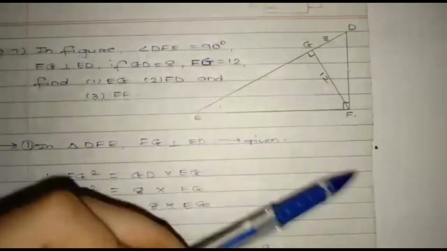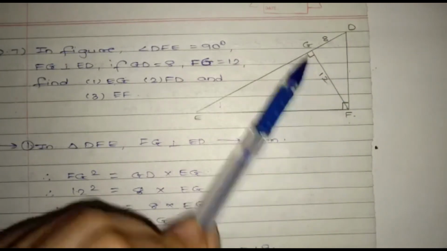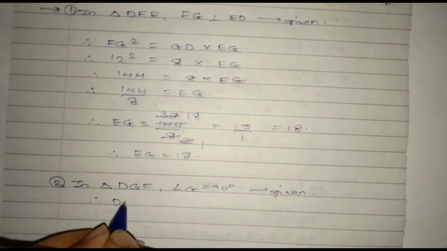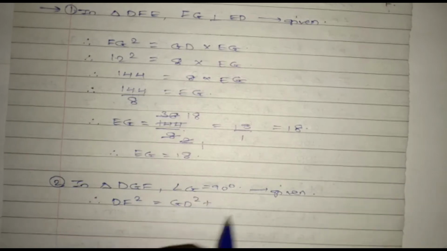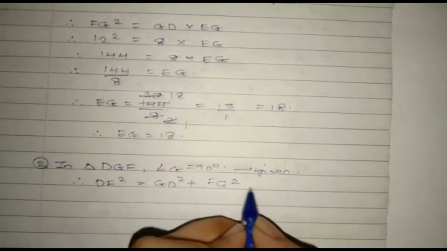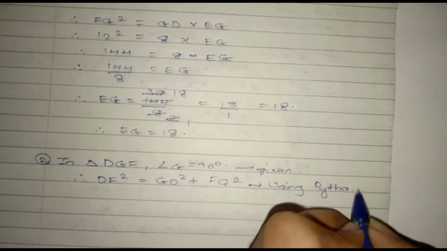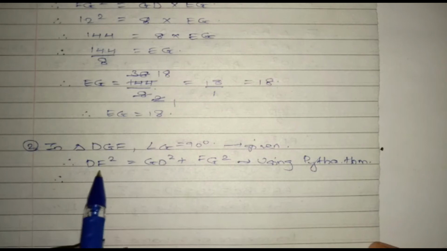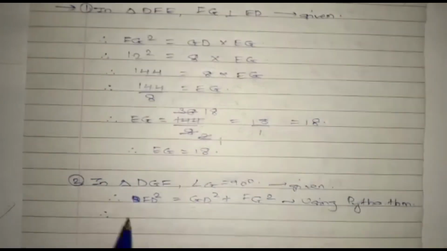We have to find out FD, so I'll write FD square, because DF and FD are the same only.